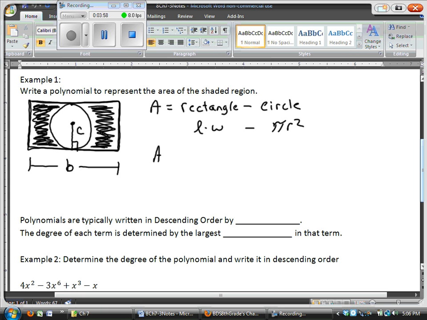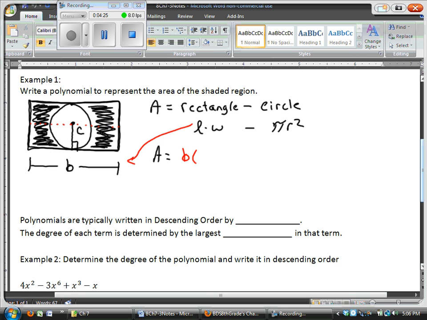Now the last thing I need to do is fill in the length, width, and the radius with whatever the letters are representing. So my length of my rectangle, as we can see here, my length is b. My width. Okay, here's where we need to think a little bit. I have this radius here, c, that's cutting my circle or my rectangle in half.